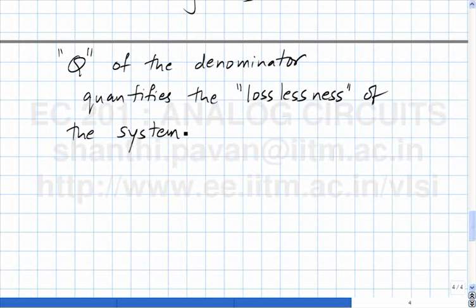In circuit literature, it is often called Q, which stands for the quality factor. All this comes from trying to make LC networks, and it turns out that in practice the L's and C's are lossy. So even though you put a pure LC together and excited the system, you will find that beyond a certain amount of time, the energy is lost in the resistors or the loss of the system. So the oscillations will die down after a sufficiently long time.